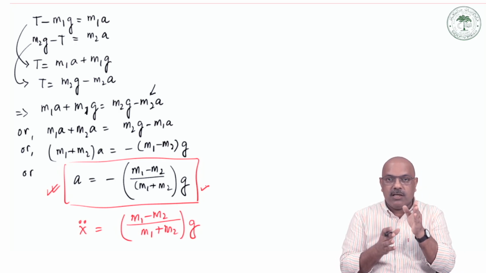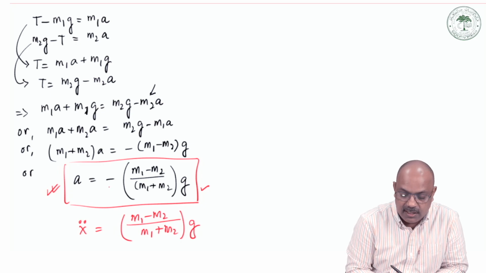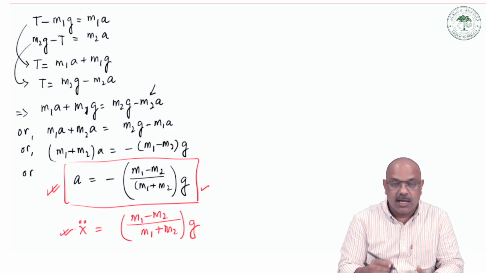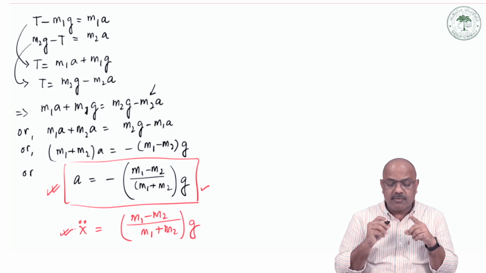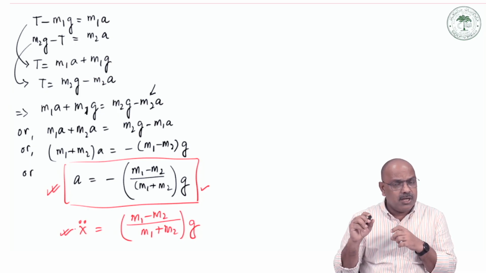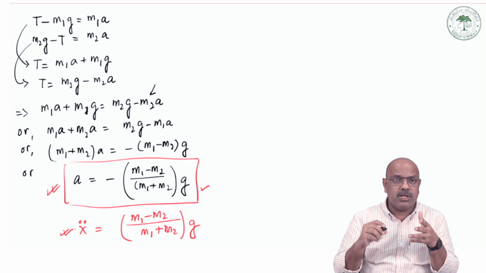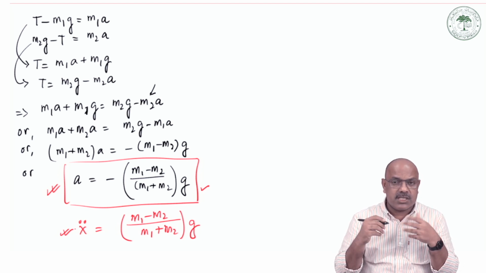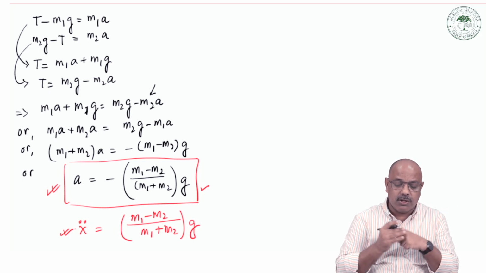If m1 is going down and m2 is going up, you get rid of the negative sign and get exactly the same expression for the acceleration. So whether you use Lagrangian or Newtonian dynamics, the equations of motion are structurally the same, and the dynamics they give is the same.